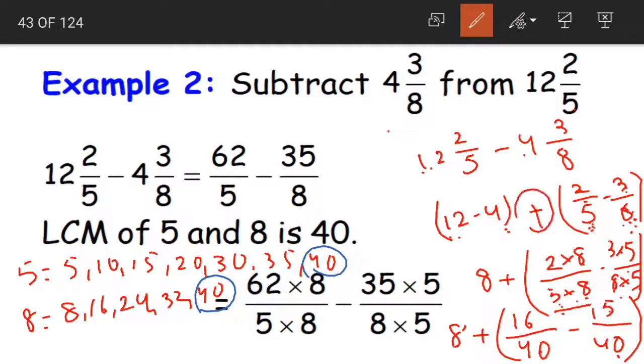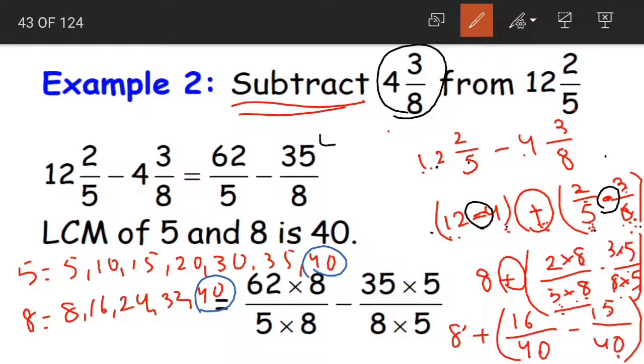Now why is this plus here? You might get a doubt: we are subtracting the fractions, but why is the plus written here? See, actually here we are subtracting itself. So we have written the subtraction signs inside the brackets. We are subtracting the whole numbers and then subtracting the fractions. But what does this mixed number mean? 4 3 by 8 is nothing but 4 plus 3 by 8.